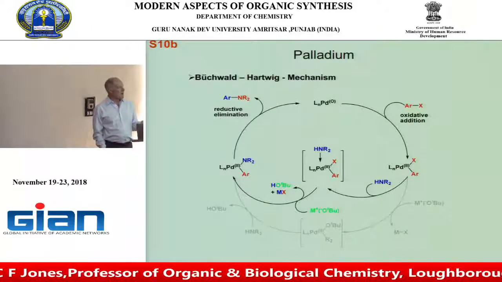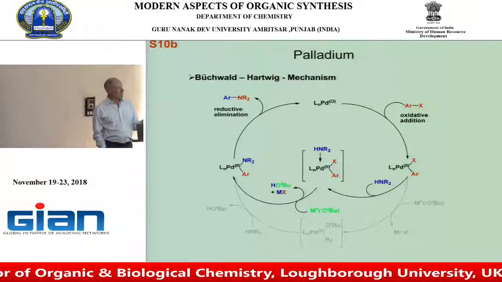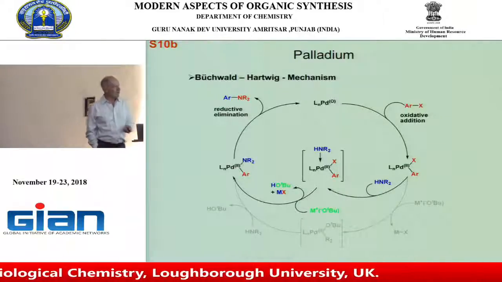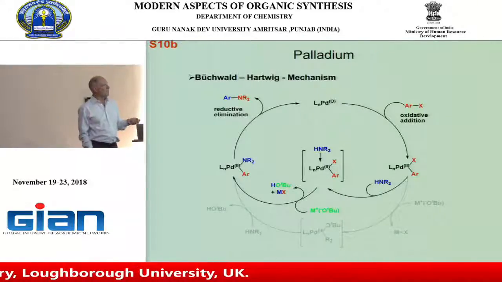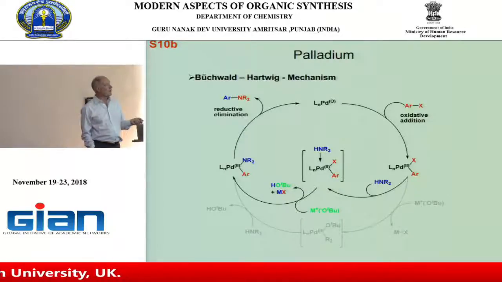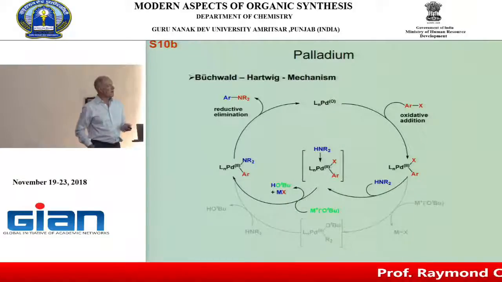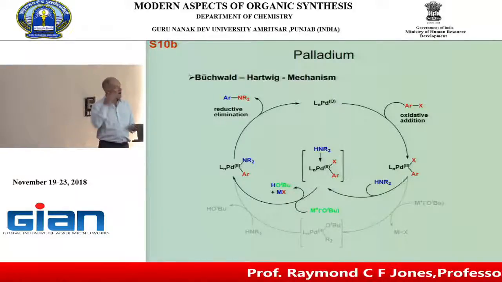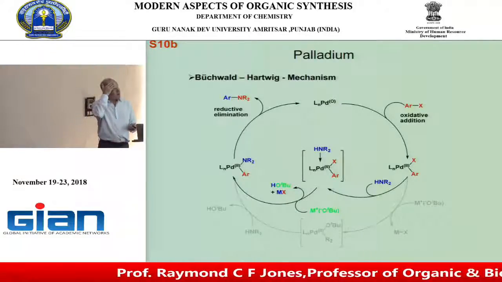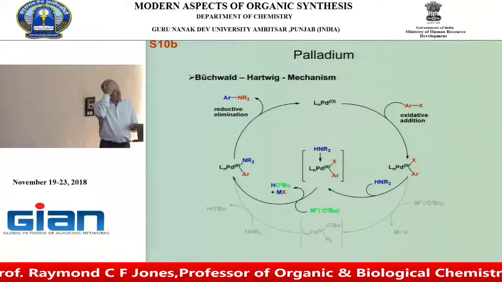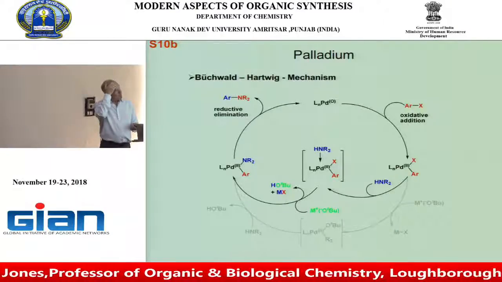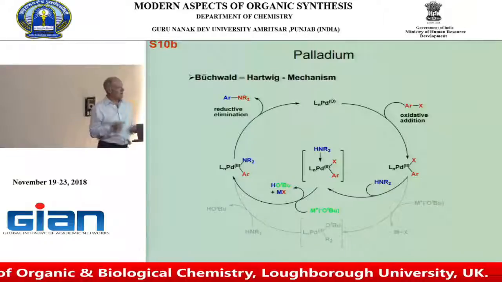So effectively the base is fixing the nitrogen onto the palladium. And then everything's set up to do the reductive elimination, and round you go again. So we've made the aromatic to nitrogen bond via having both ends coordinated to the palladium.